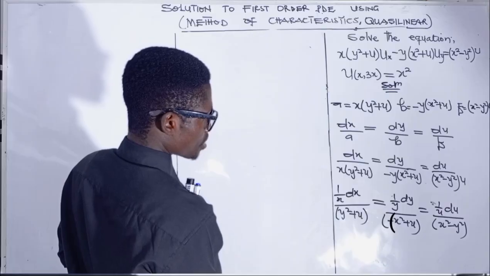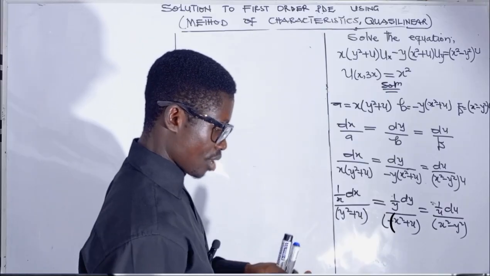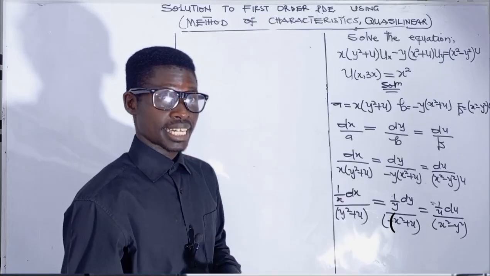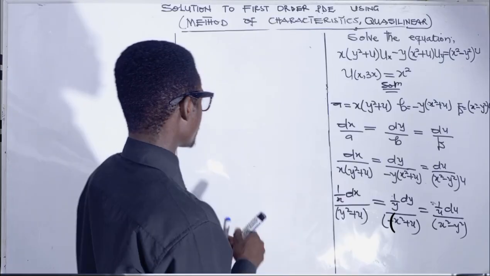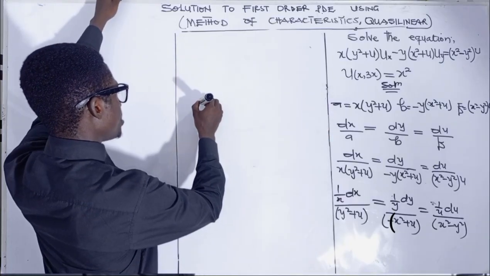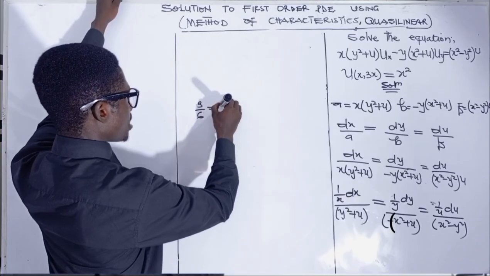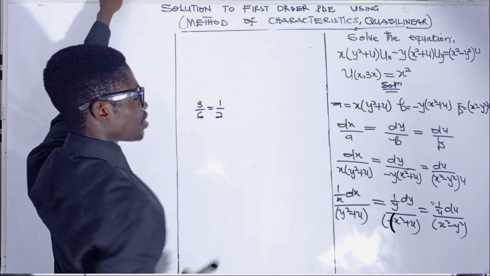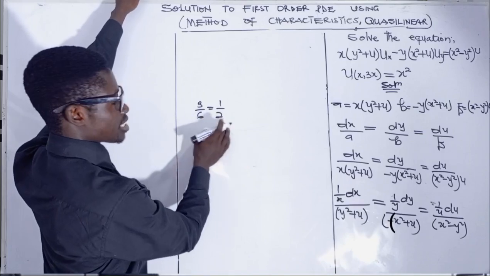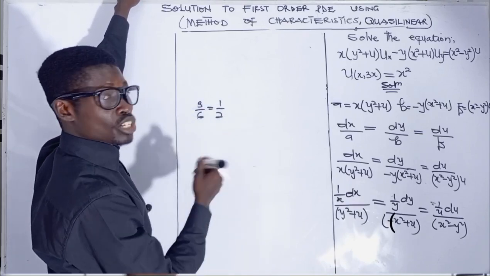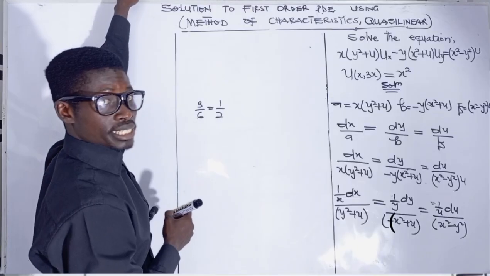Now from here, what we are going to do is apply some basic knowledge that we had at SHS and JHS level. We said that when we have two fractions, let's say 3 over 6, and this fraction is equal to 1 over 2, when we have two fractions and they are equal like this, we can add their numerators or subtract their numerators and the denominators as well.